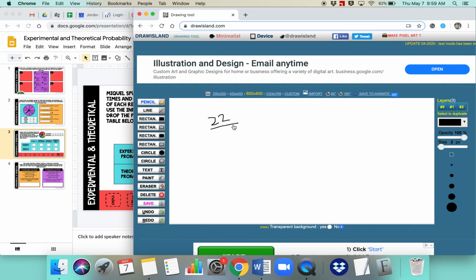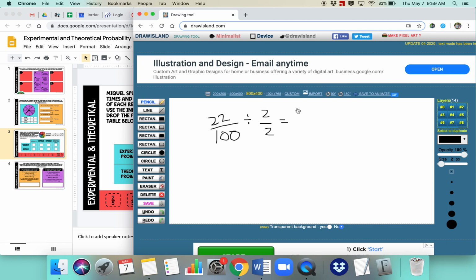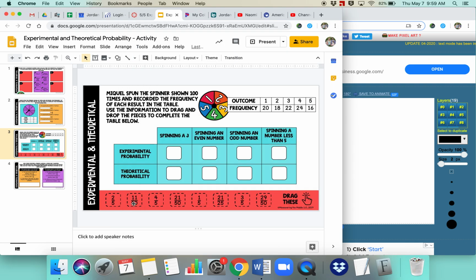And because those are both even, they can be divided by 2. So if I divide the top by 2 and the bottom by 2, 22 divided by 2 gives me 11. 100 divided by 2 gives me 50. So can these be simplified anymore? Nope. So I'd look over here. Oh, there is an 11 over 50. So this would go in the experimental spinning a 3.